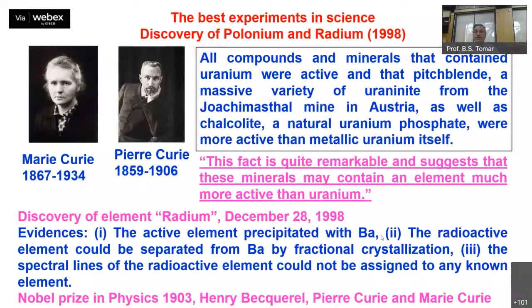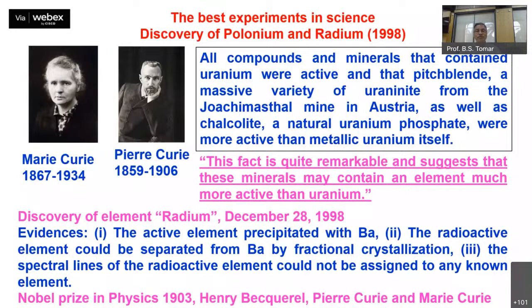Second evidence, the radioactive element could be separated from barium by fractional crystallization. So they have done this experiment. And third is that the spectral lines of the radioactive element could not be assigned to any known element. So this is a new element. So this is the kind of language, statement they used to tell that they have discovered a new element.